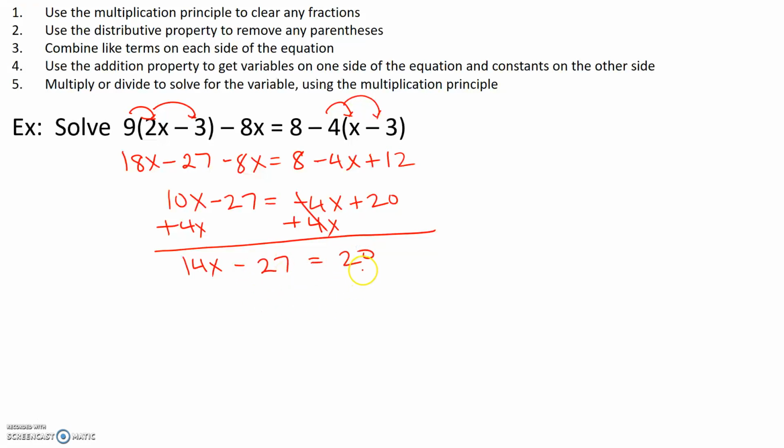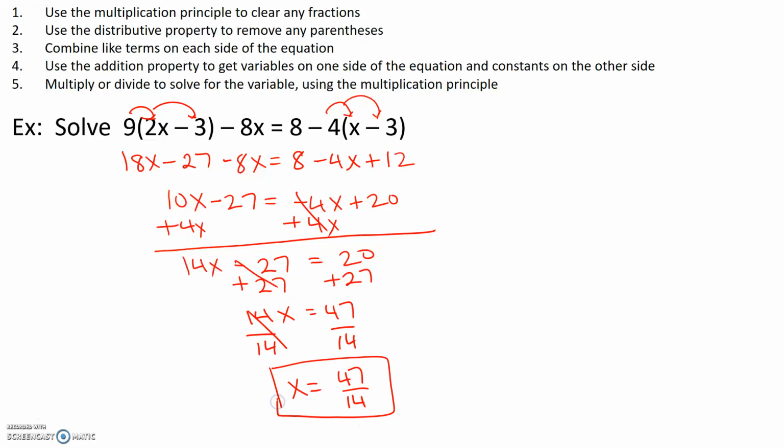We would now move the constants to the right, so we would add 27 to each side. We would get 14x equals 47. And lastly, we would divide each side by 14, so x equals 47 over 14. Now this cannot be reduced because no number can divide both 47 and 14 at the same time.